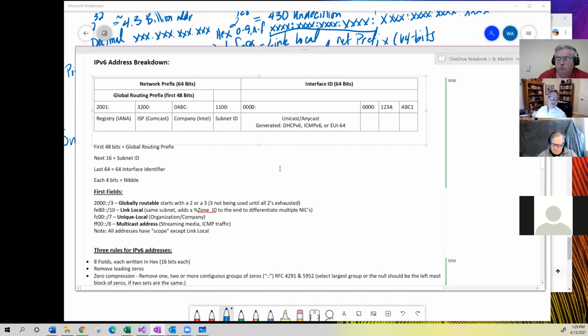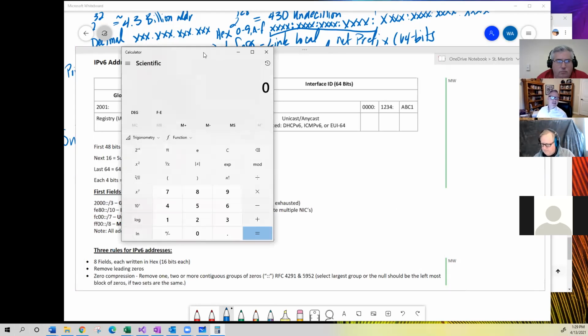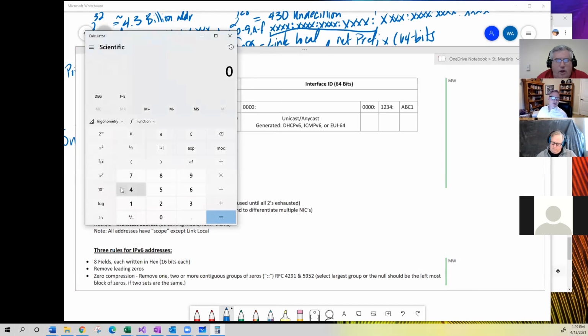It's a big number. It happens to coincide with your MAC address, but it doesn't have to be your MAC address. Your MAC address is a 48-bit number, a hexadecimal 48-bit number. But we're going to go over that because there's a difference in how you make a globally routable IP address. And that was another shortcoming of IP version 4.